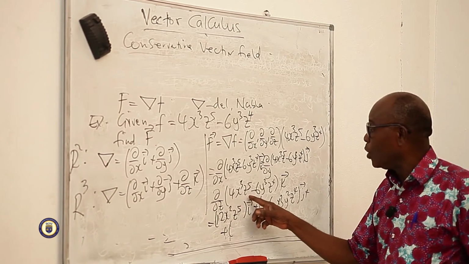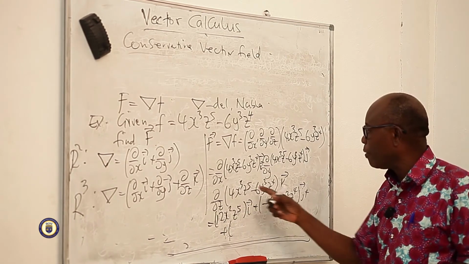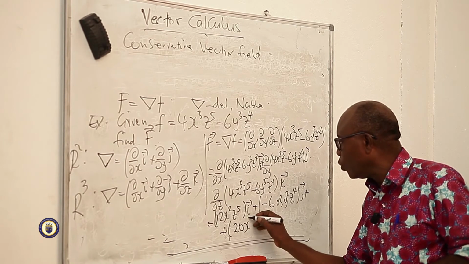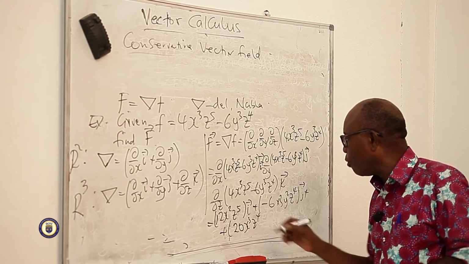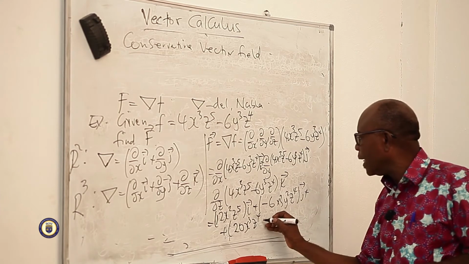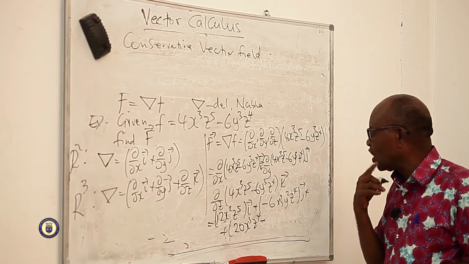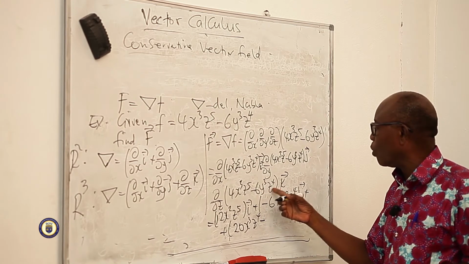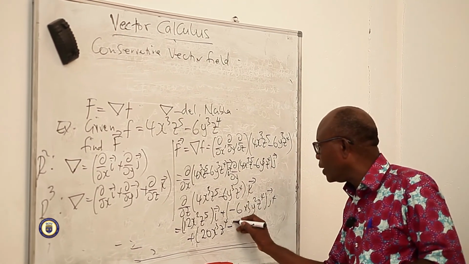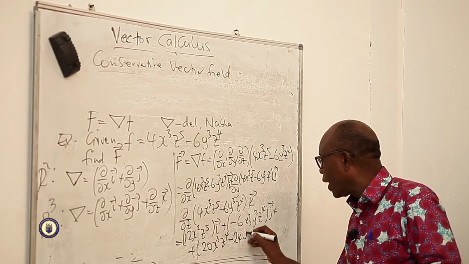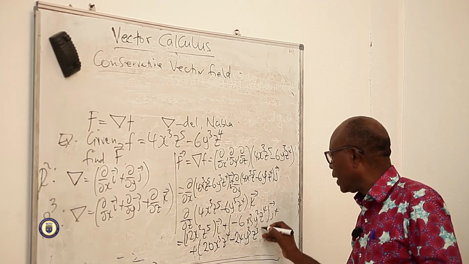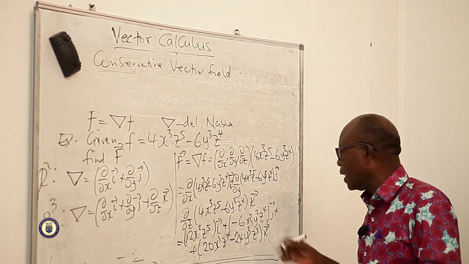The last one, this term with respect to z, we're going to have 20x cubed z to the power 4, minus, differentiating this one with respect to z, 24y cubed z cubed in the k direction.